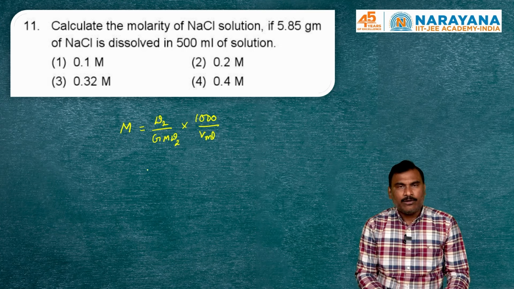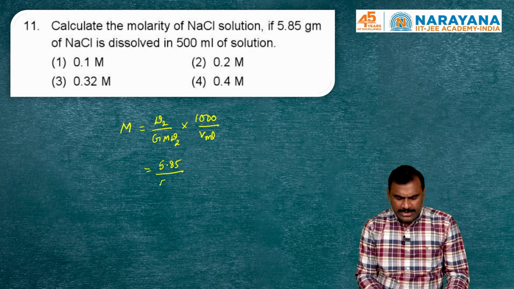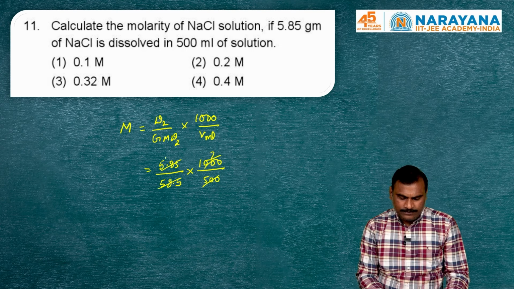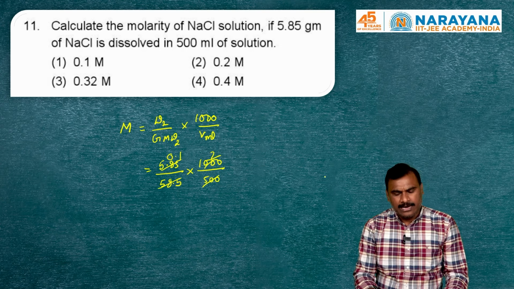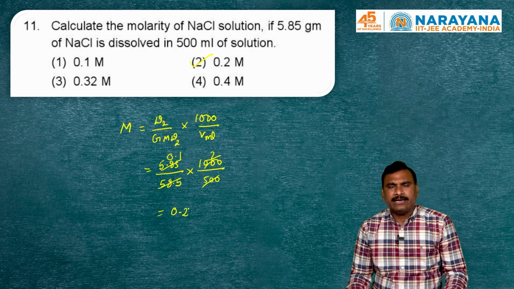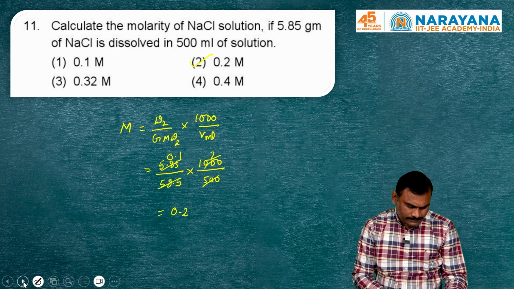Weight given is 5.85 and the gram molecular weight of NaCl is 23 plus 35.5, that is 58.5 grams, into 1000 by 500. Now you see, 2 times 0.1. Therefore the answer is 0.2 M molarity of the solution. Now let us go for the next question.